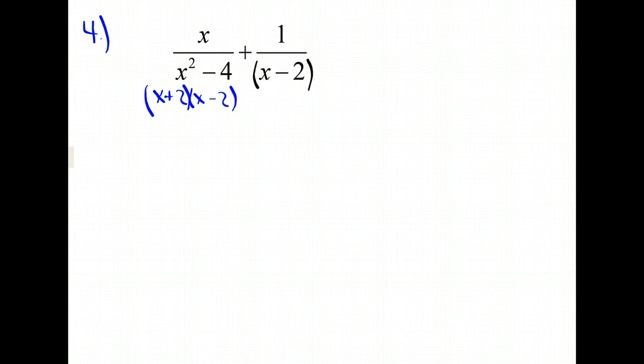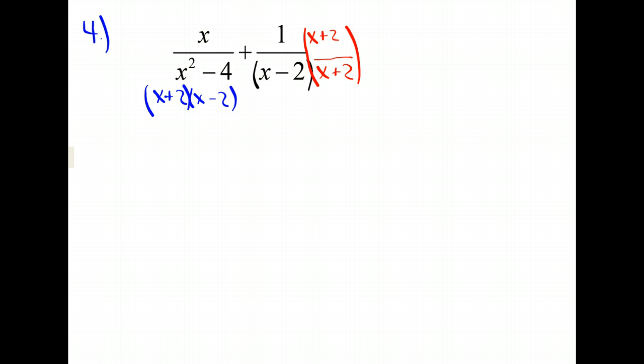So if we want those to be the same, then we need to add a factor of x plus 2 to the expression here on the right. So in order to do that, I multiply by x plus 2 over x plus 2, which is really just a fancy looking 1, and I will then have common denominators.